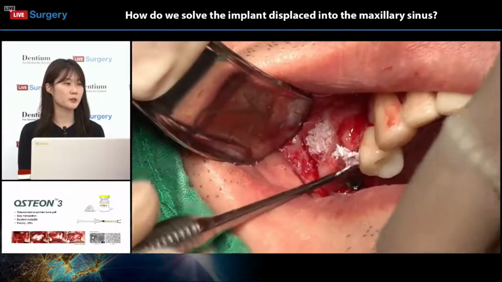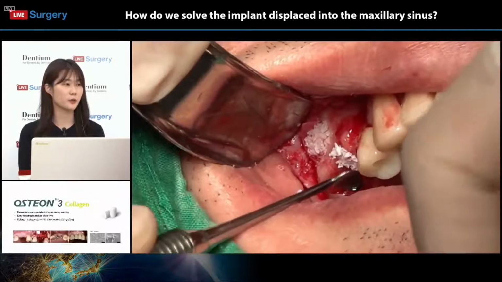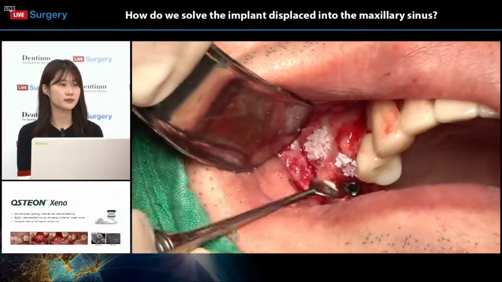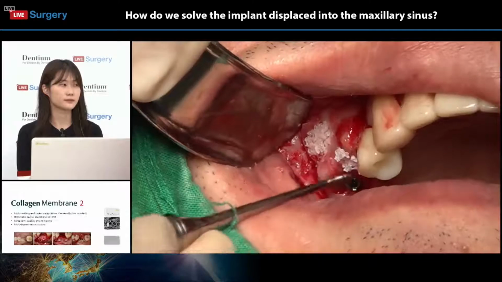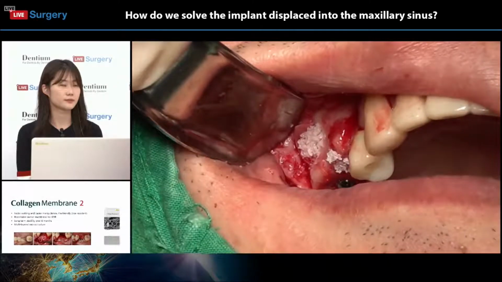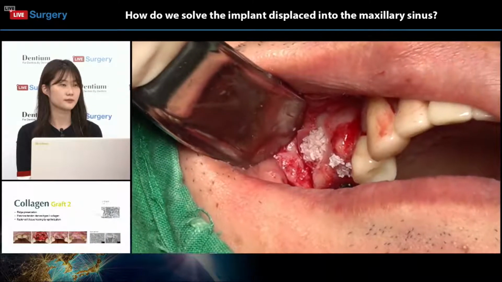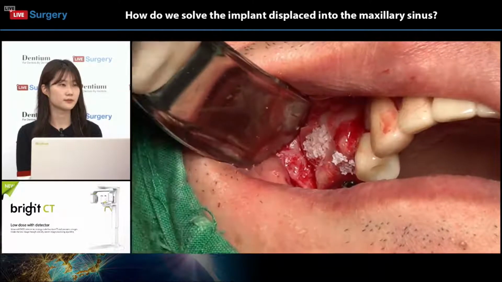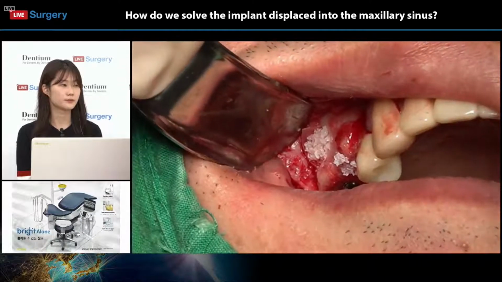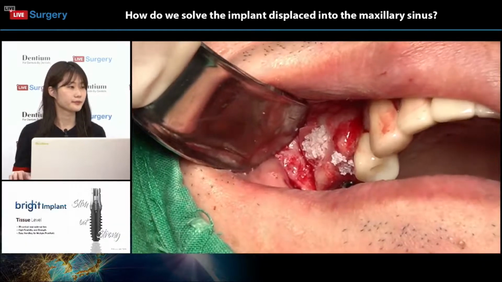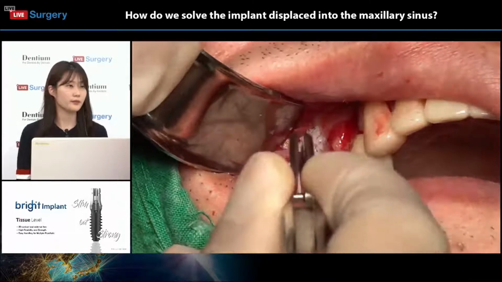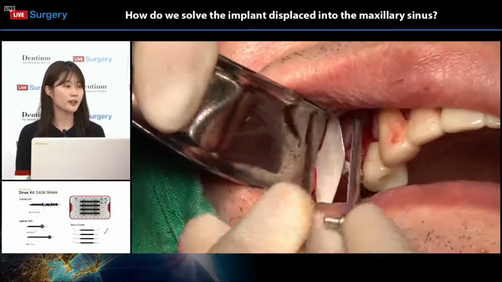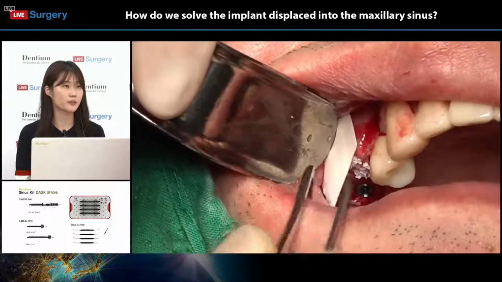He's putting more particles of Osteoxeno on the crestal side. Now he's covering the lateral window area with collagen membrane.